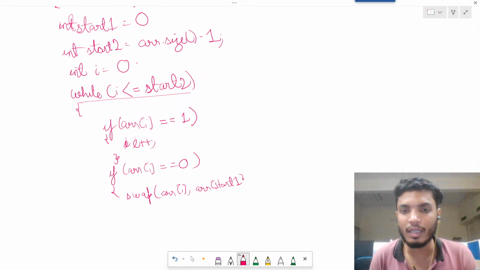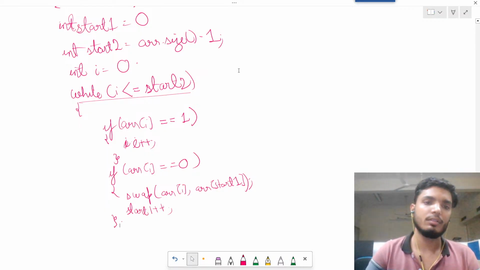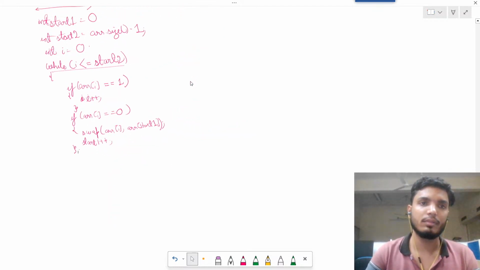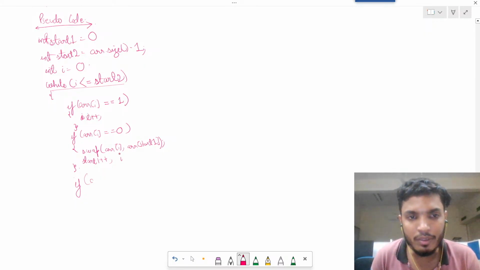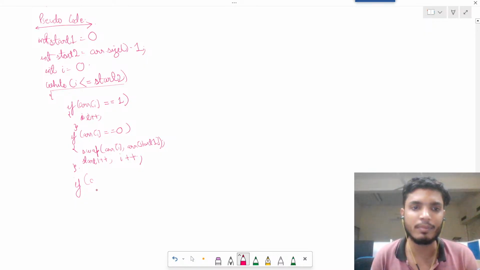Why do you need to swap? Because start 1 indicates where my 0 should be. So this start 1 will increase, start 1 plus plus, and I will also increase, I plus plus.